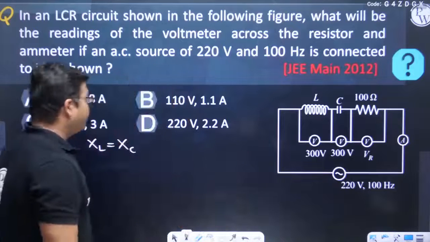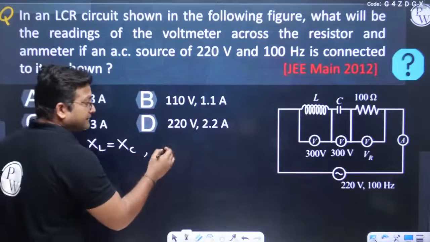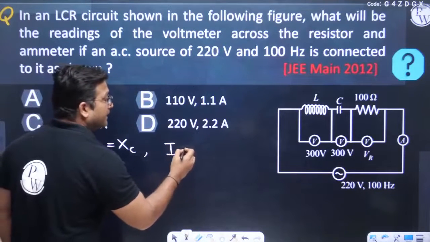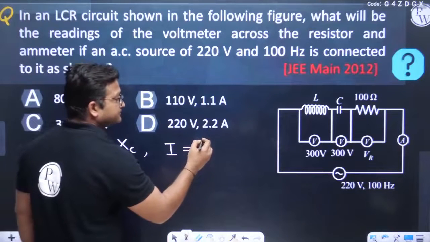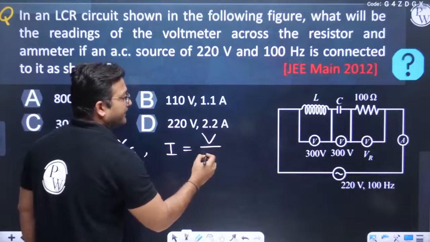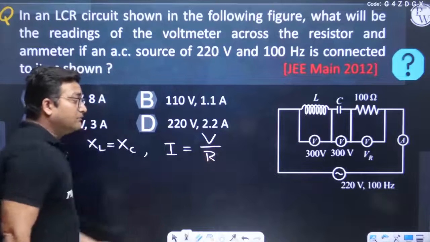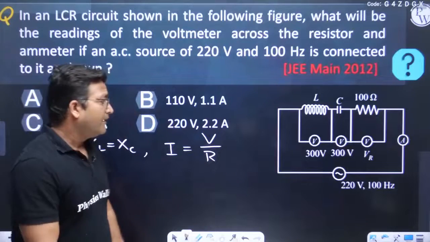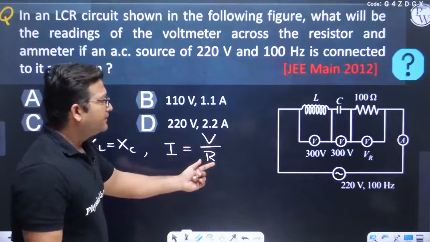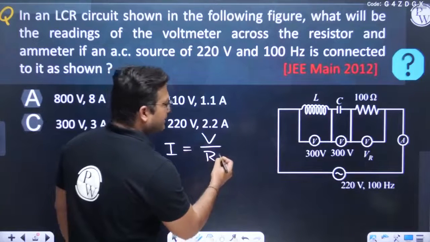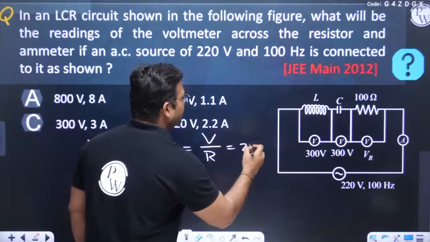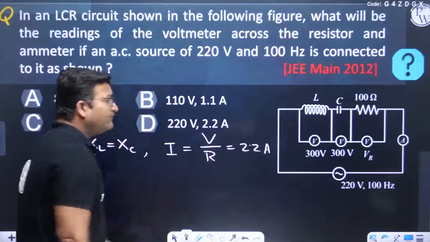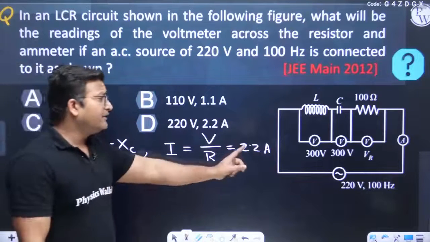If XL is equal to XC, it means the circuit is actually in resonance. And if the circuit is in resonance, the current is maximum, and the current will be equal to the effective voltage divided by Z, and the value of Z is R only. As V is 220 and R is 100, we get current as 2.2 ampere. So the effective value of current is 2.2 ampere only.